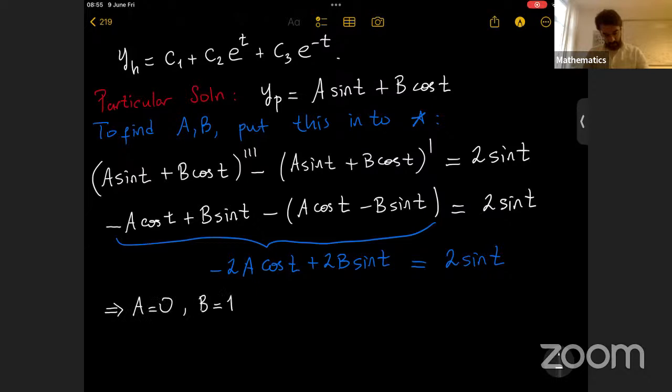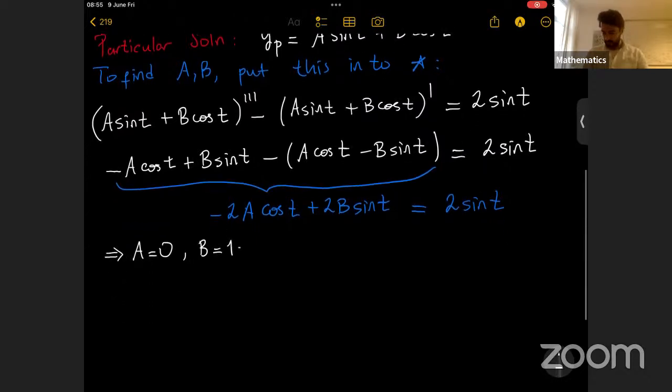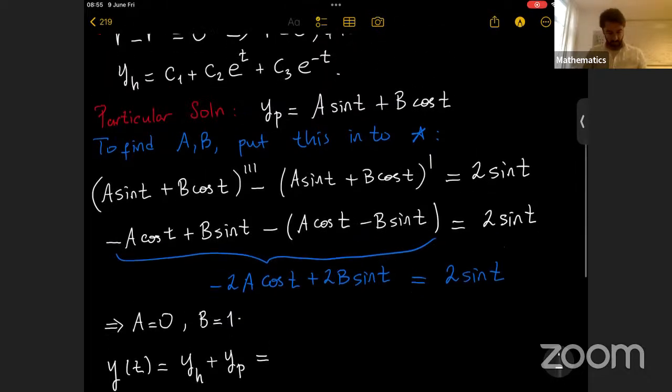So the general solution y(t) is y homogeneous plus y particular. The homogeneous solution was this here.